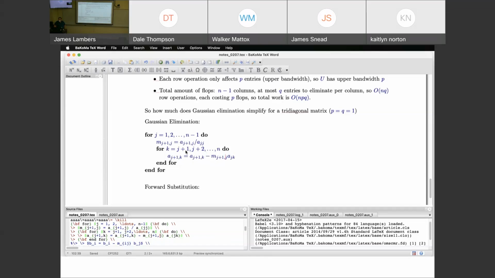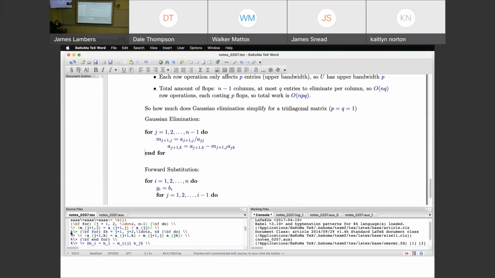So for k equal to j plus 2 and so forth, the row operation is not going to have any effect because the entry from row j that it's taking is going to be 0. So there's no need for this loop to run except for the first iteration, where k is equal to j plus 1. So now I can get rid of this for statement also. And wherever I see k, I can replace it with j plus 1, the only value that is needed.